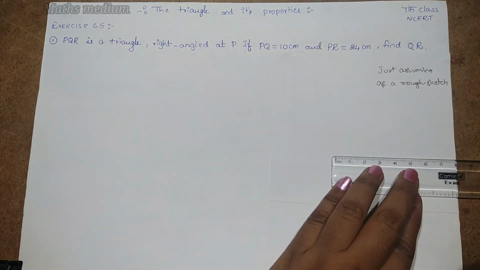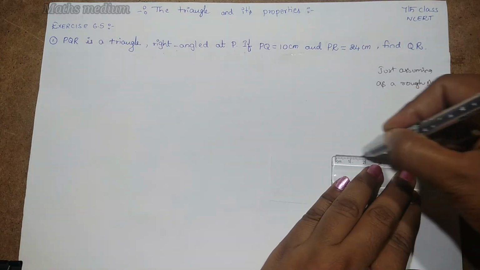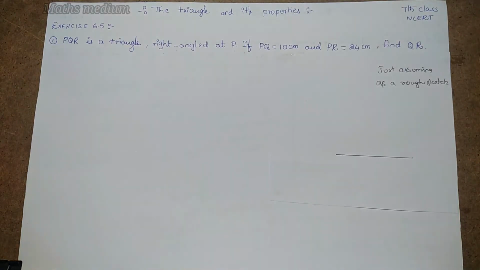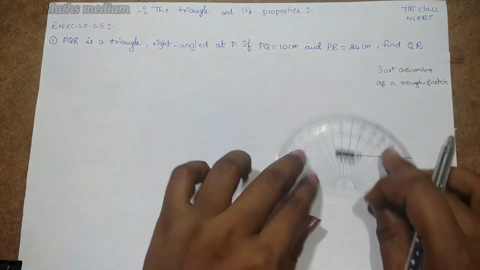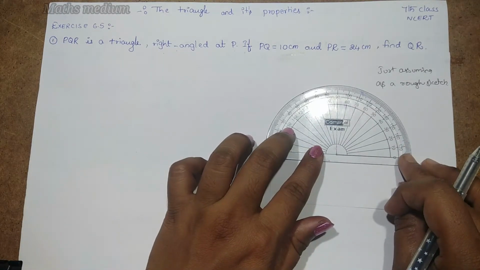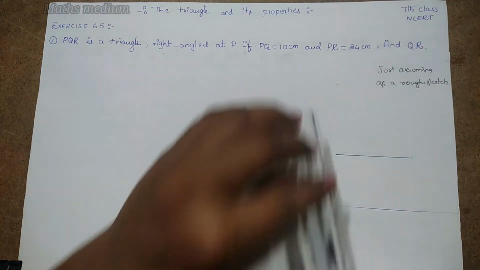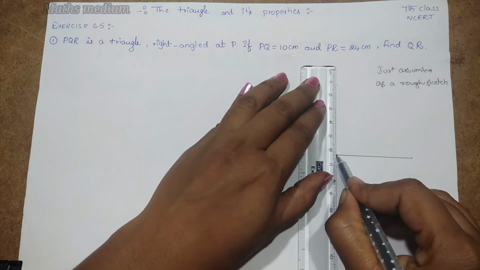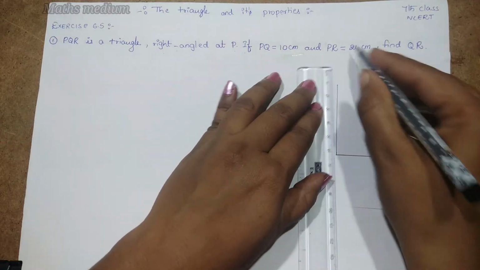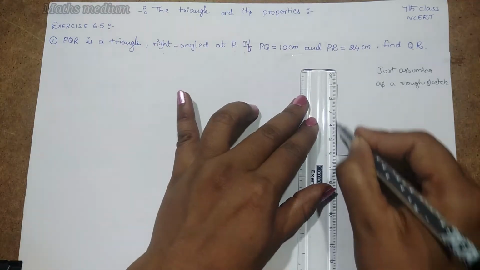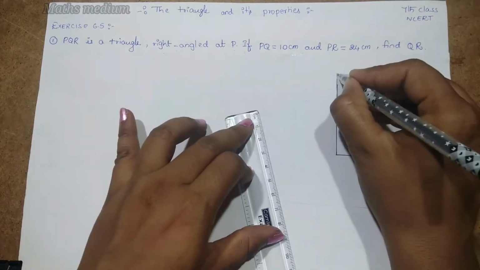I am taking it as 5 centimeters for example only, and at point P we have a right angle. So measure 90 degrees at point P and make another line at 90 degrees, and PR, which is 24, I am taking it simply as 6 centimeters.